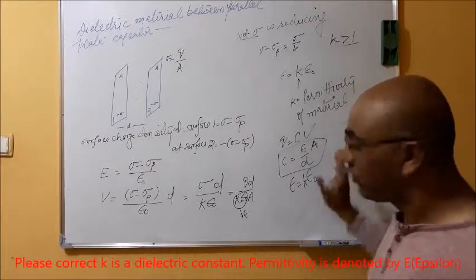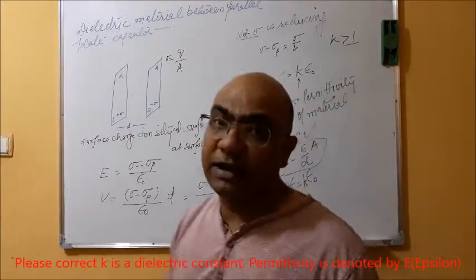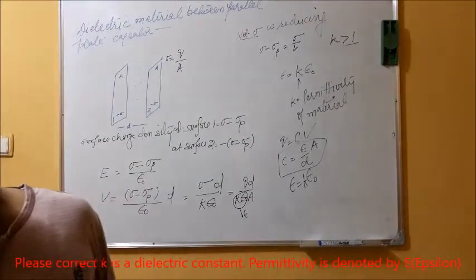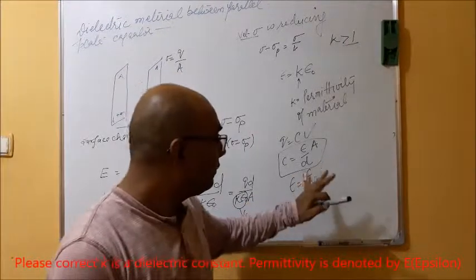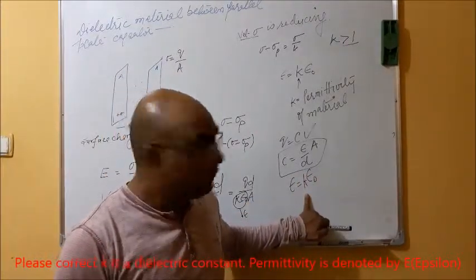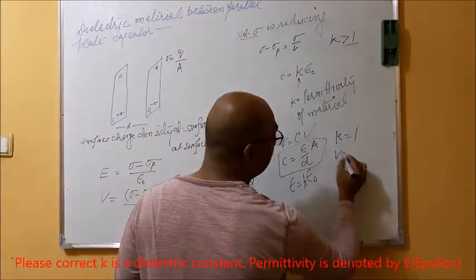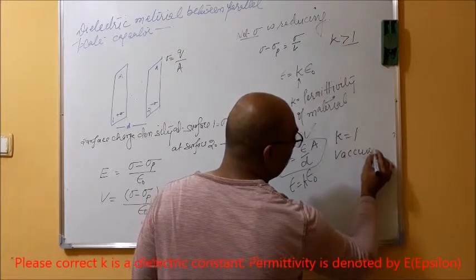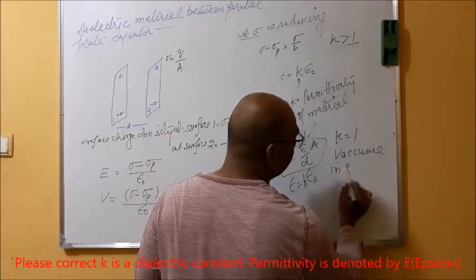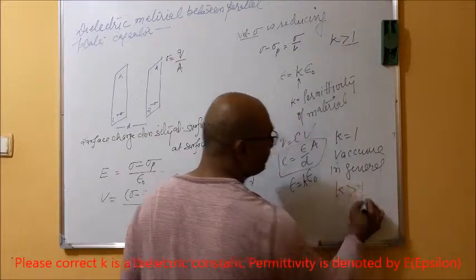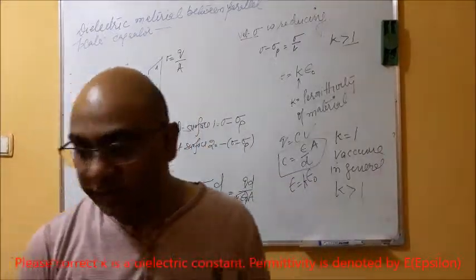So this will be the formula for any dielectric material placed in the parallel plate capacitor. And you see the value of k is 1 for vacuum, and in general k will be more than 1, right?